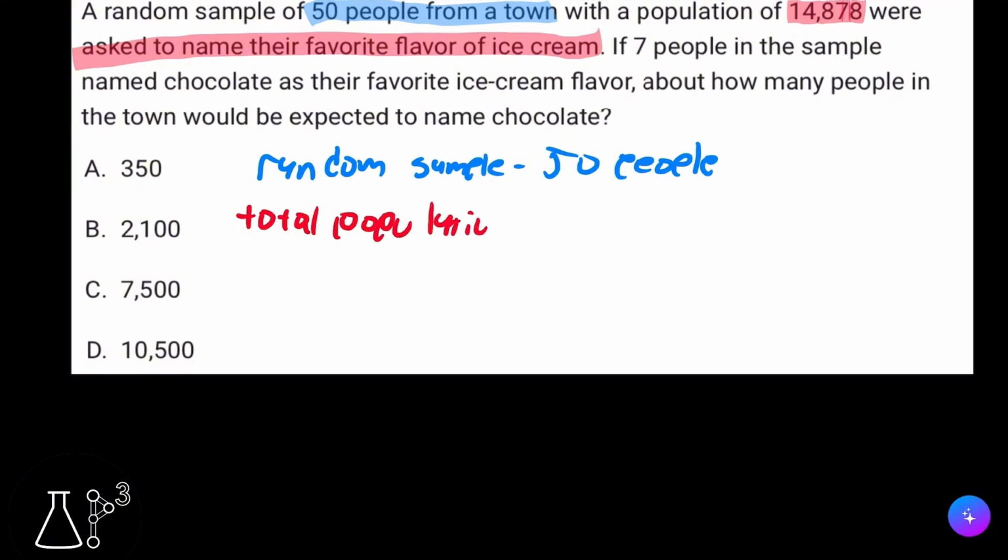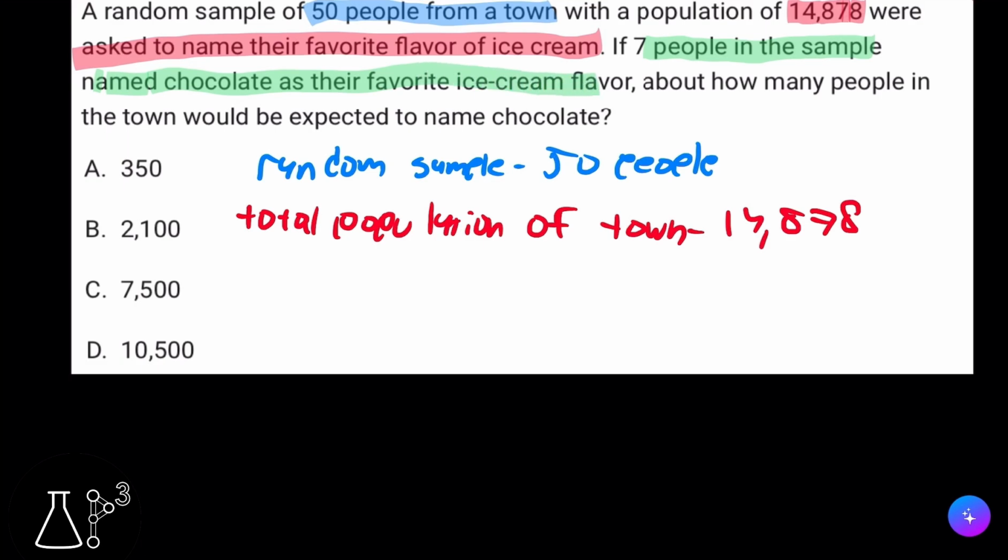So the total population of the town is going to be 14,878. And out of the random sample, 7, so let me do this in green, 7 in the sample named chocolate as their favorite ice cream flavor. So out of the random sample of 50, 7 liked chocolate as favorite flavor.